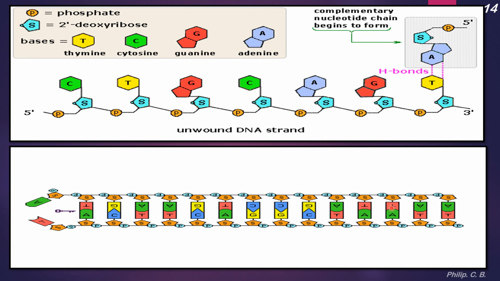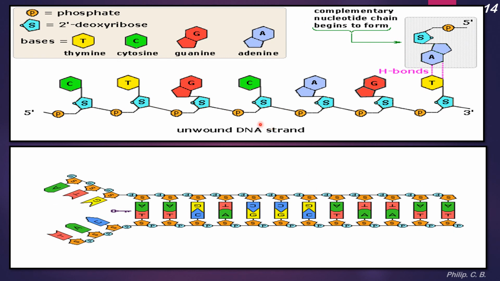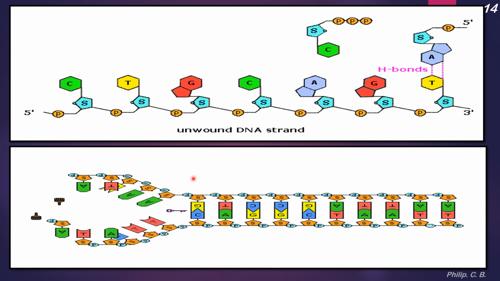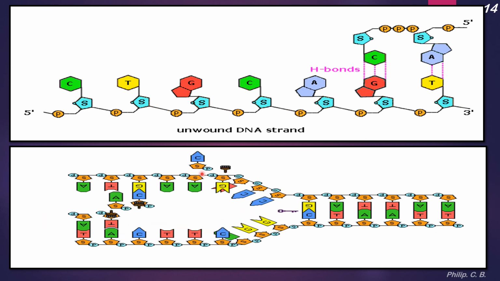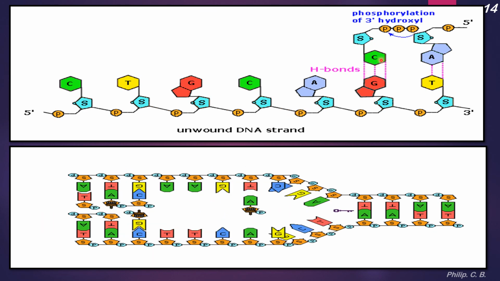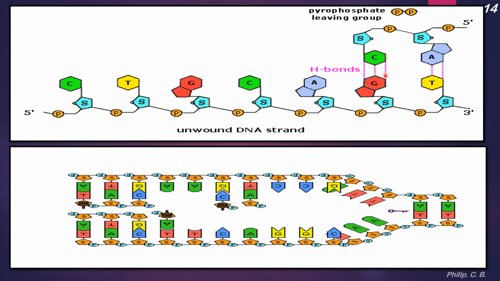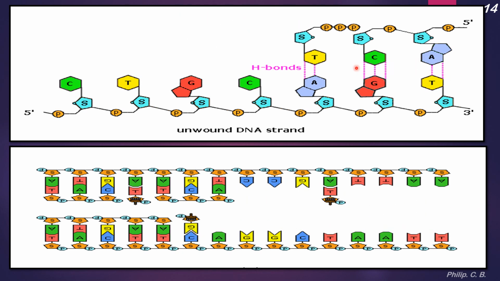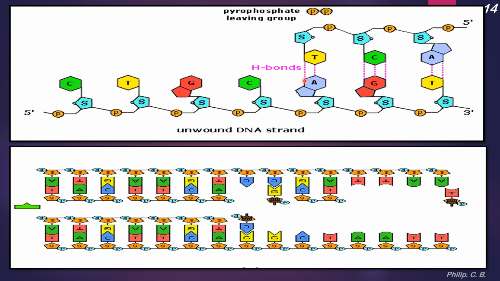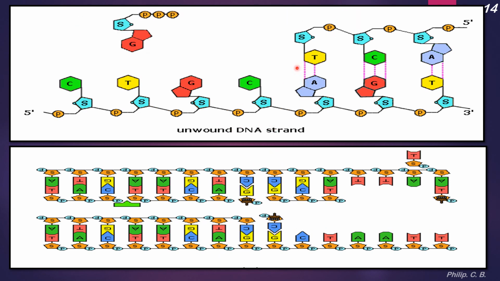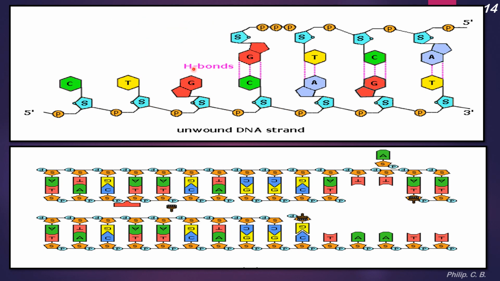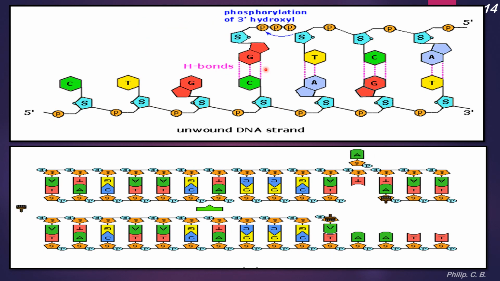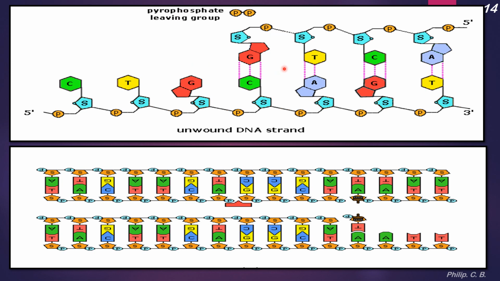Further, again you can see two images, one on the top, second on the bottom, both are animations. You can see how the CG, that is cytosine and guanine, which has a triple bond, and AT, which is double bonded, how the bonds are being formed. So the unwound DNA strand is again formed by joining the particular nitrogenous bases from the pool.